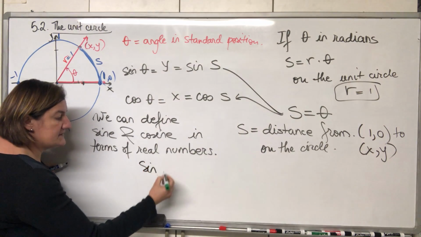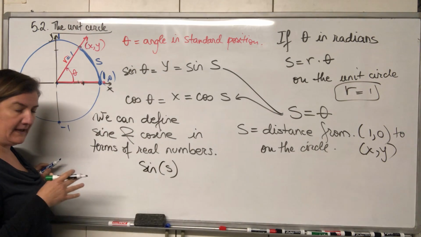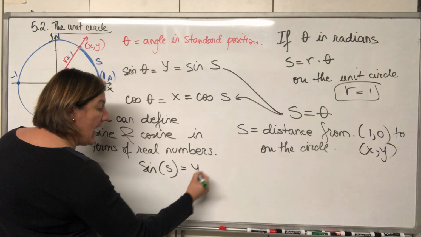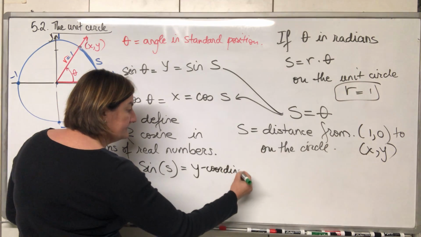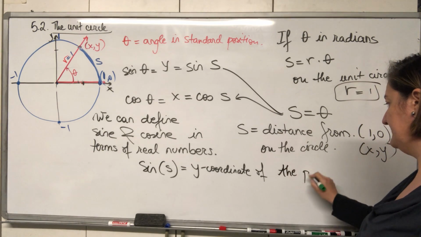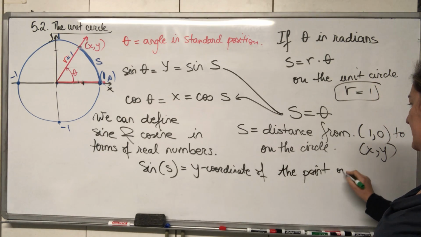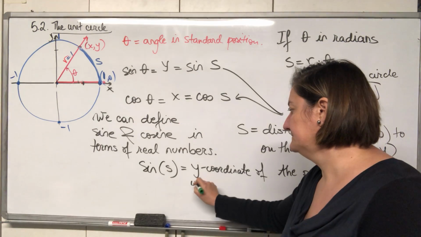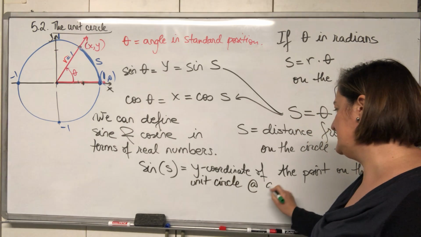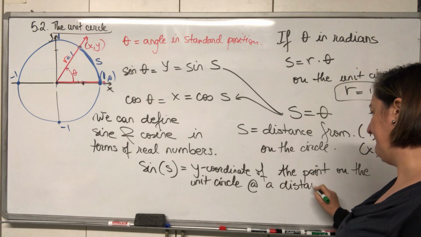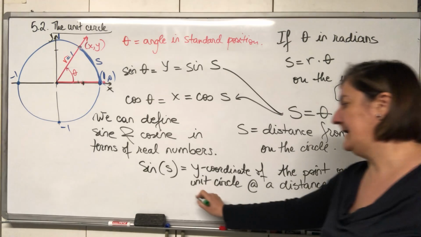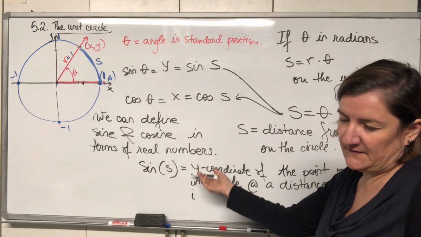So sine of some kind of value s, I'm going to call it s for now, is equal to what? Sine is the y-coordinate of the point on the unit circle at a distance of s units in a positive direction, or I should say if s is positive, you go in a positive direction.